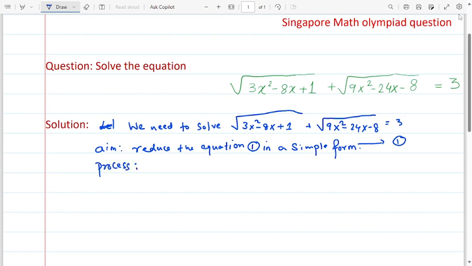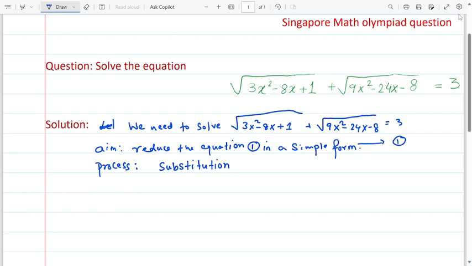The process is substitution. Always remember, whenever you have this type of complicated situation, please try to find a suitable substitution. If you find the suitable substitution, then this type of problem will solve very quickly.